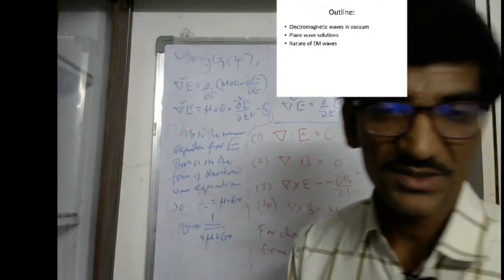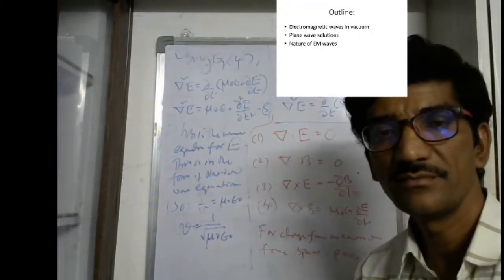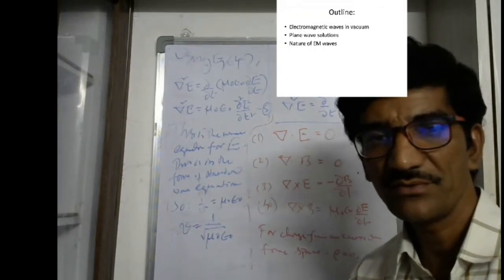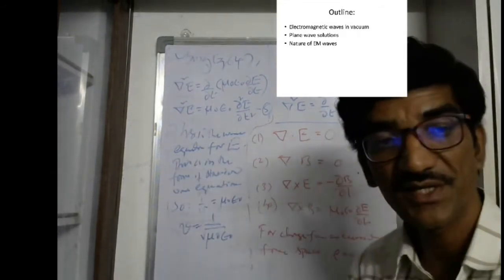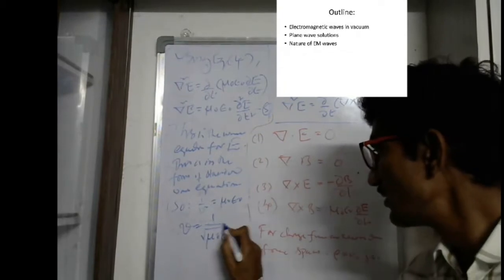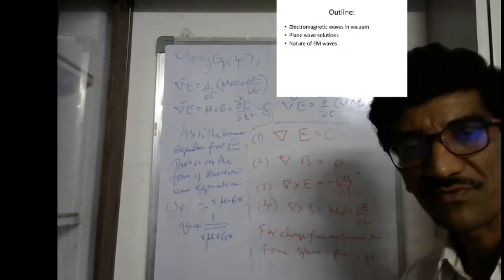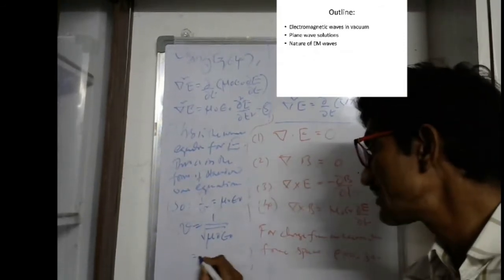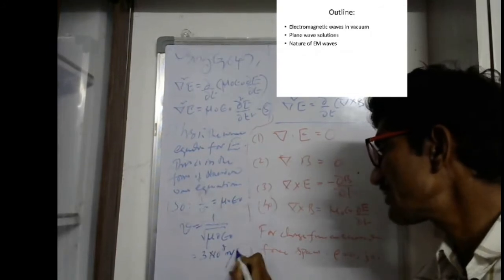So what is the velocity of the electric wave satisfying this wave equation? It is 1 by root mu naught epsilon naught. If you substitute the values for mu naught and epsilon naught, you get 3 into 10 to the power of 8 meters per second.